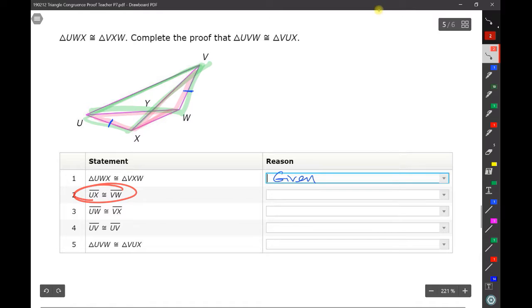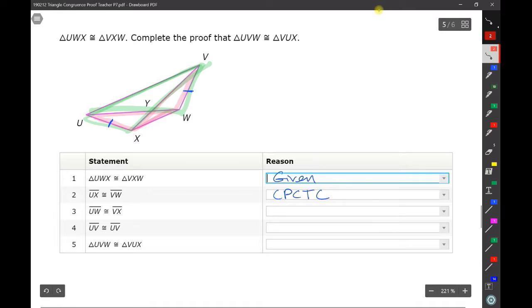That's where this comes from right here. And we can make that statement because we already have a pair of congruent triangles. So our reason then would be CPCTC. We can say that these parts of these congruent triangles are congruent themselves at CPCTC.